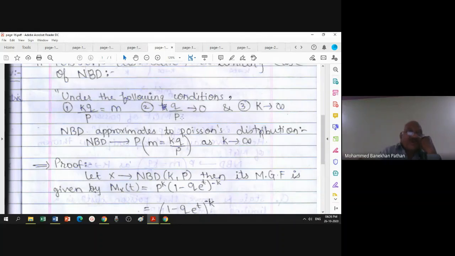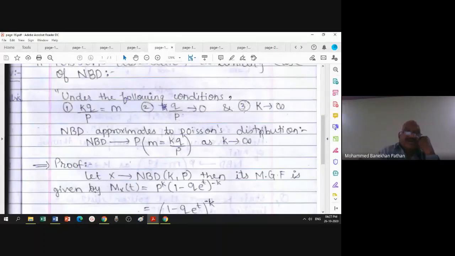So p should be larger and q should be smaller. That means in the random experiment, the chance of failure should be small and the chance of success should be large to go to 0. Other way around, q is smaller, that means it should tend to 0. So in the limiting case, 0 divided by any number becomes 0. So that is the meaning of this ratio.